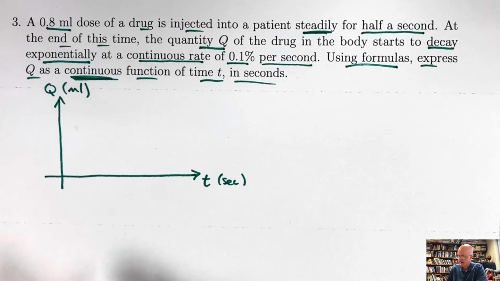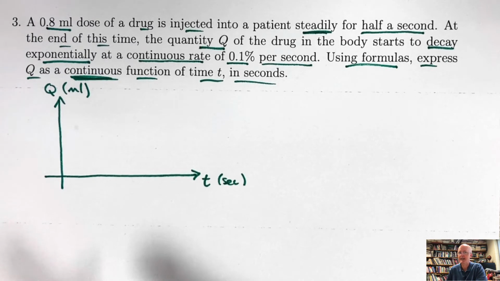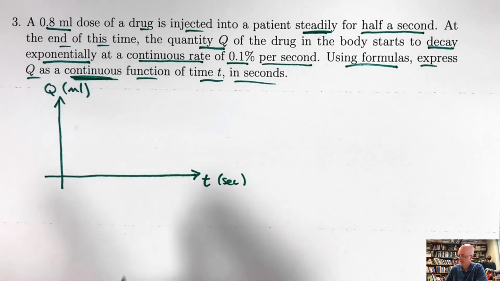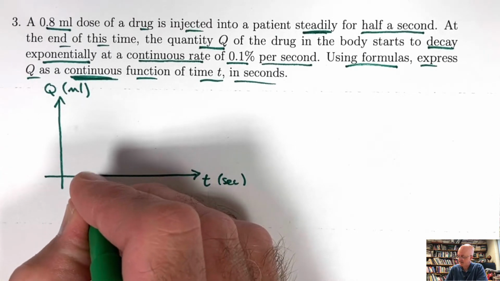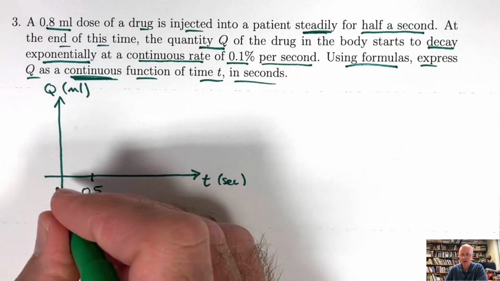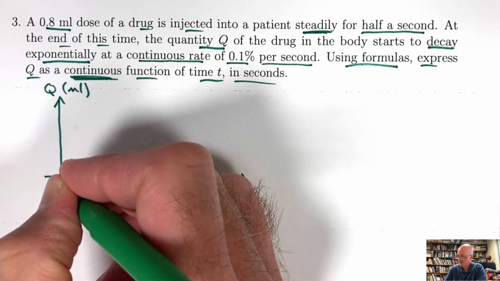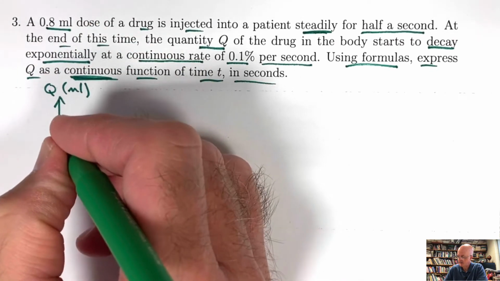All right, how do you deal with this? How do you even draw a graph? Going in steadily means the rate at which it's going into your body is constant. It's like walking at a constant rate. For that first half second from time 0 to time 0.5, the graph has got to be a straight line. Going from 0, you don't have any drug right away, to 0.8.